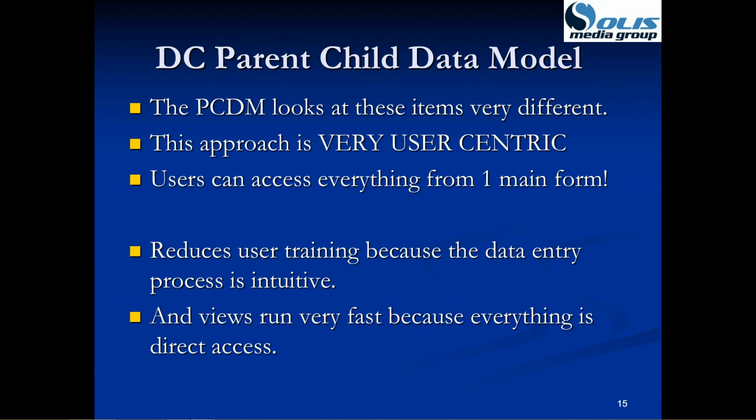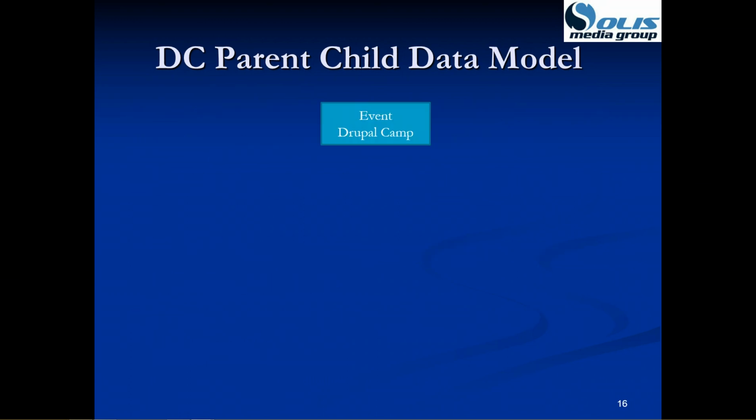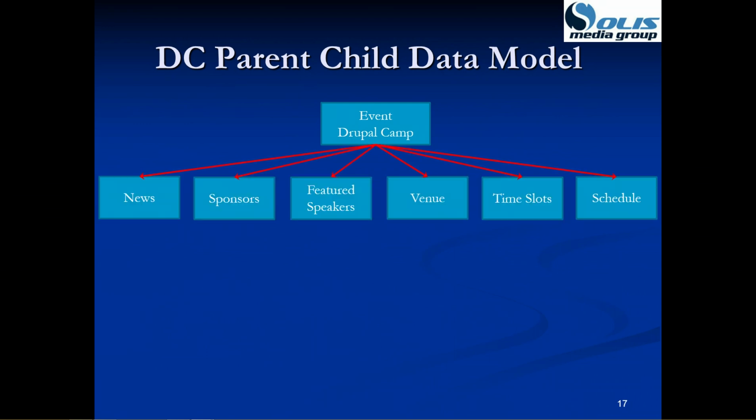So we start at the top here, with our event. And off that event, we relate five or six different items. The main ones are going to be our news articles about this event, who our sponsors are, featured speakers, and that sort of stuff.